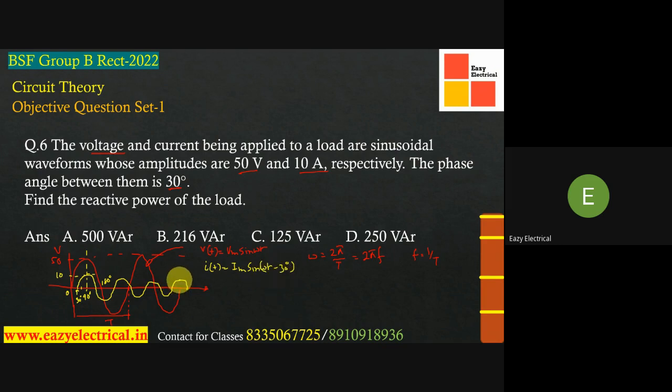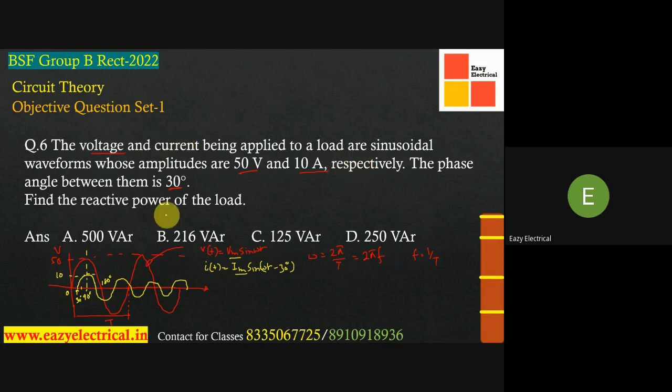Suppose the waveform had started earlier, then you would have written it as omega t plus 30. So in this way, v of t and i of t are our instantaneous values, and Vm and Im are our maximum values.